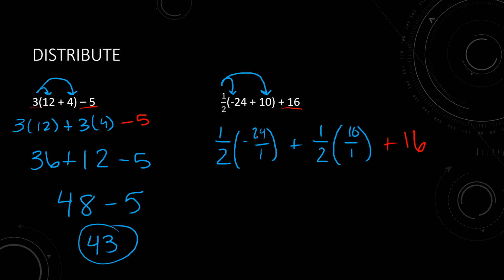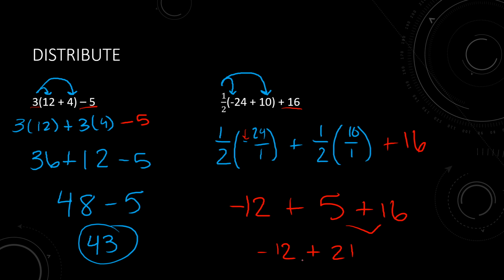So from here, if I multiply this top to bottom, I'd get 24/2, which is 24 divided by 2. That would give me 12, and it is negative because I only have one negative sign here. 10 divided by 2 is 5, plus 16. I'm going to combine these two first because they are positive, so I have -12 plus 21.